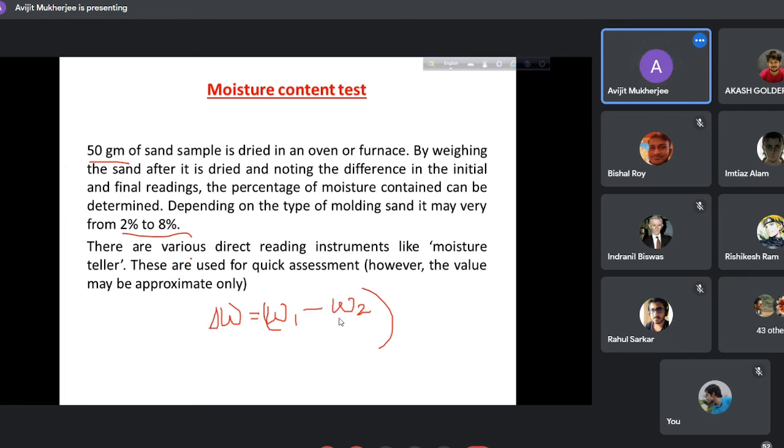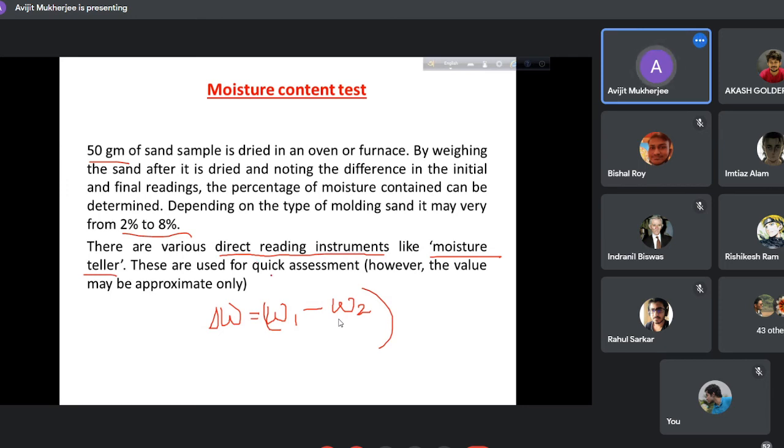And they may not be very thorough about weighing and making the difference. That is time consuming also. So on the shop floor there are various instruments known as direct reading instruments, also known as moisture tellers.